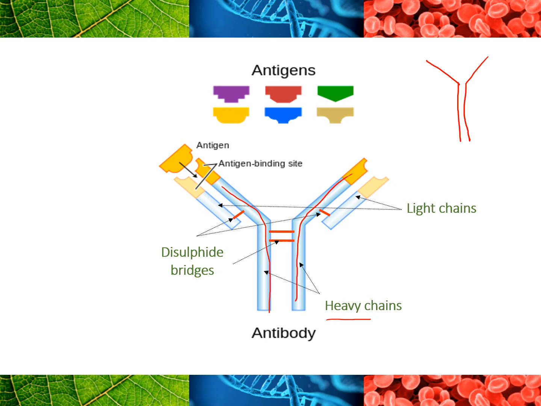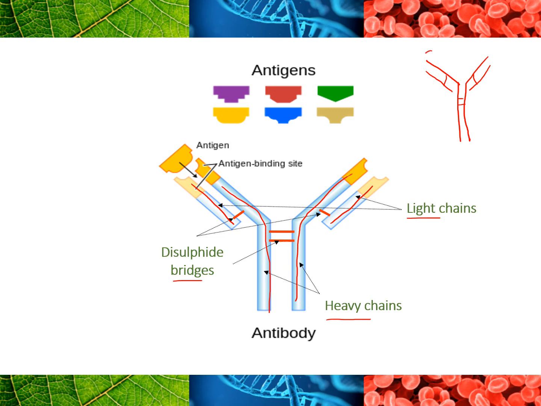Then on the outside, just in this top bit, we have these 2 smaller light chains. The light chains are those smaller ones. They're always on the outside. And then each of the chains is held together by disulfide bridges. So they're just bonds that hold those chains together.